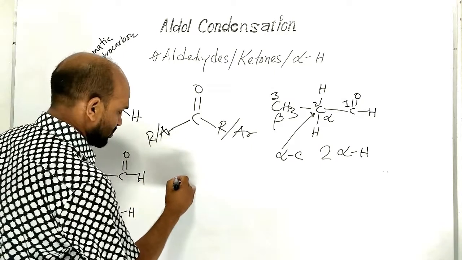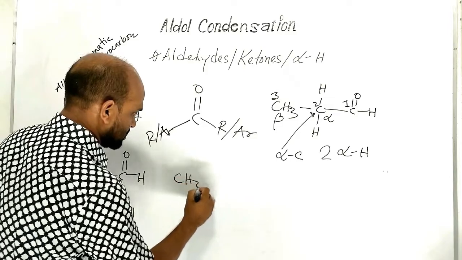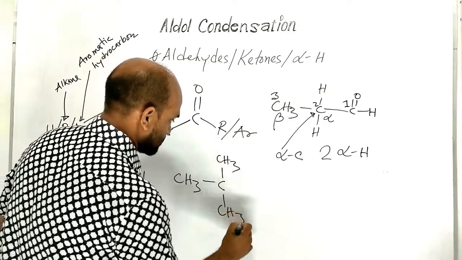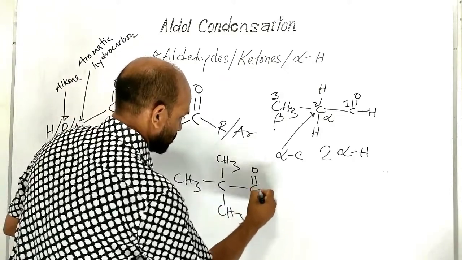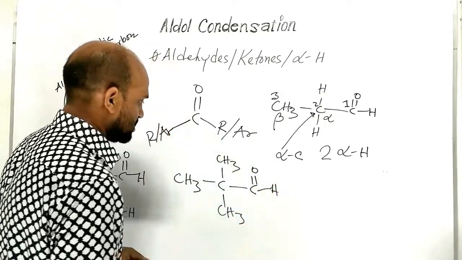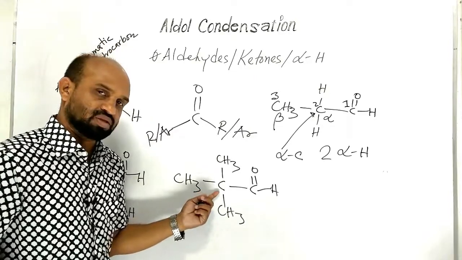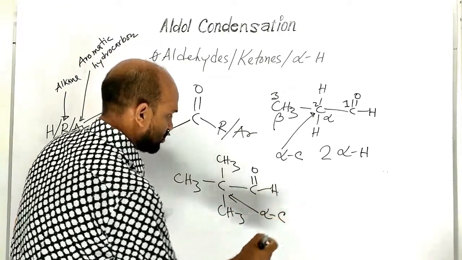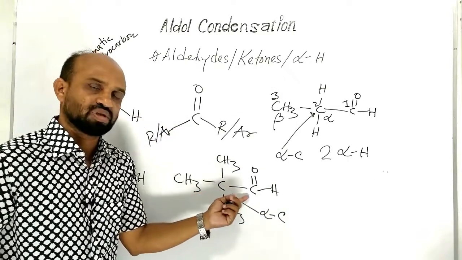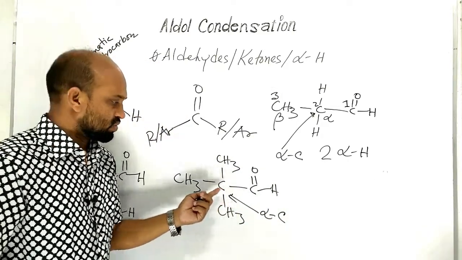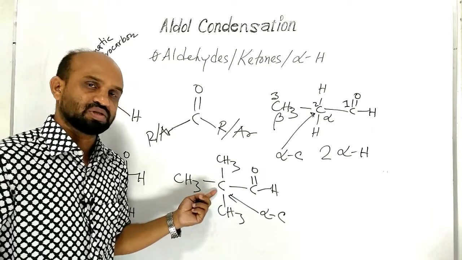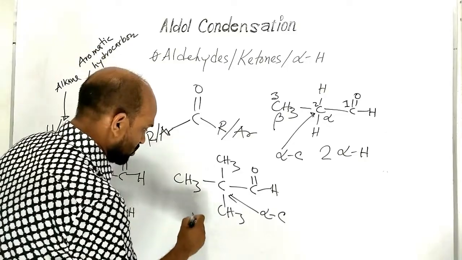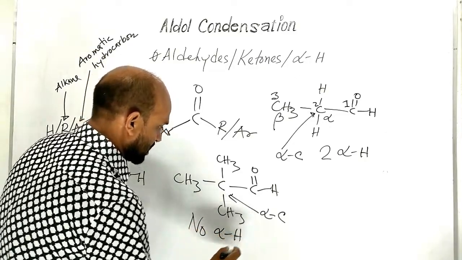Let's write another compound, (CH3)3C-COH. In this case, this carbon is alpha carbon because this carbon is linked up with functional group carbon. But in this carbon, there is no hydrogen atom. So here, no alpha hydrogen atom.